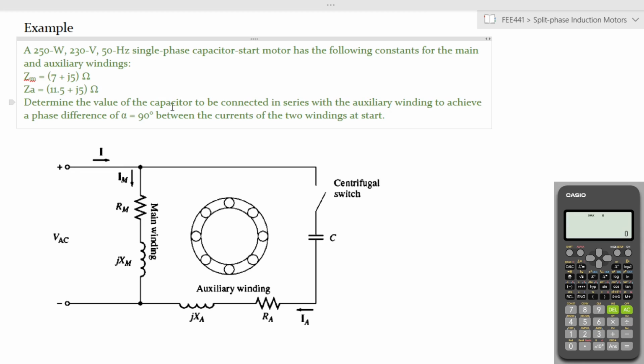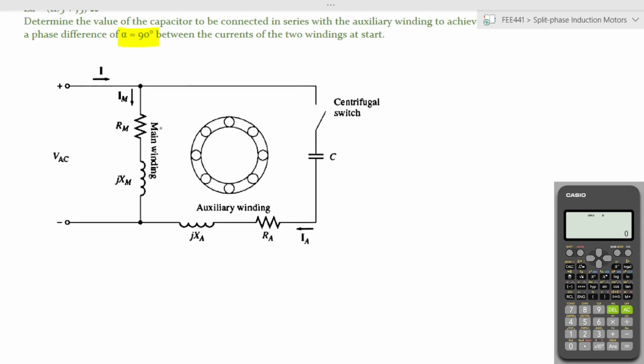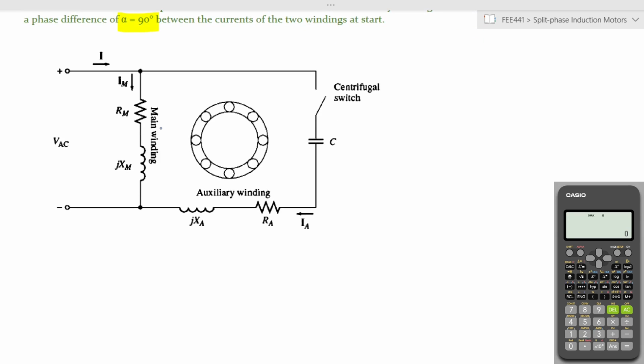We want to determine the value of capacitor to be connected in series with the auxiliary winding in order for us to achieve a phase difference of 90 degrees. Remember, that's the best phase difference we can get in order to achieve the maximum torque between the two windings at the start. Now we have the currents between the two, which are IM and IA.